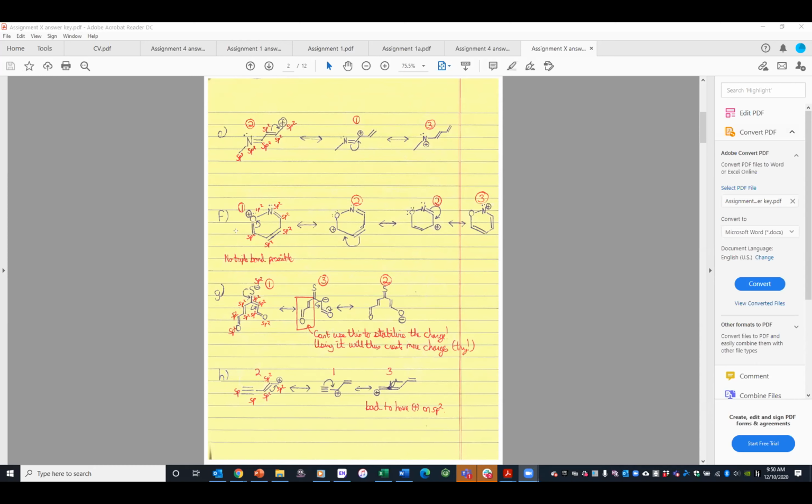Okay, and then again for radicals, just for attacking the double bond versus the hydrogen, we did an example in class with HBr and benzoyl peroxide, and we used the double bond in propene to methyl.